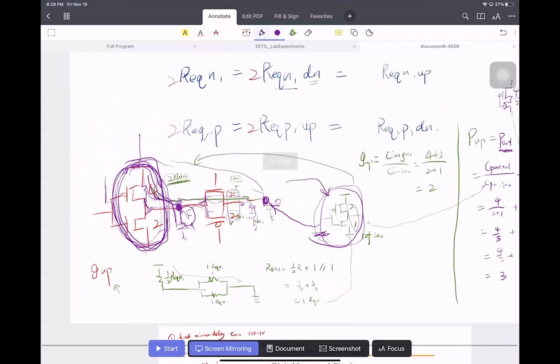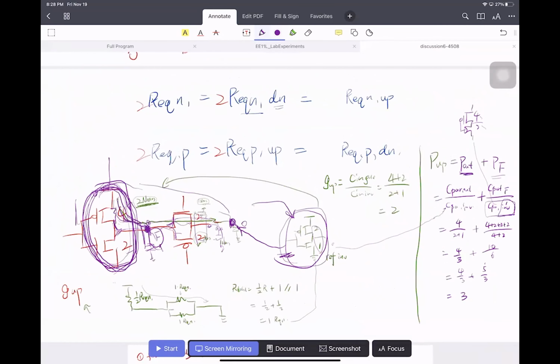So everything can be calculated, not just by guessing. And you also need to consider the pulling down logic effort in a similar method, and then find the worst case. So this is a way to consider the delay when you have a PTL, the transmission gate.